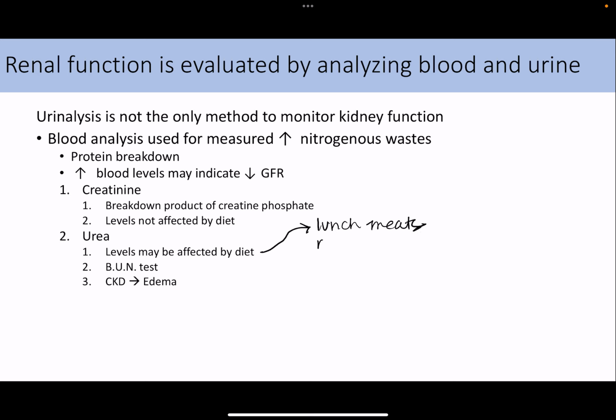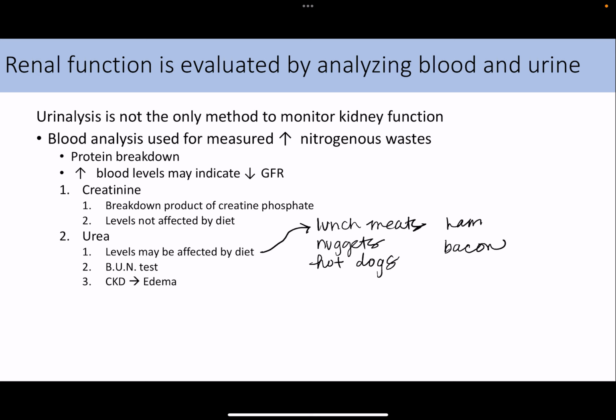If you like chicken nuggets, you'll have urea as well. Hot dogs, a lot of the processed meats. Ham, bacon. Bacon, yes, that too. Can cause higher than normal levels of urea in the blood.